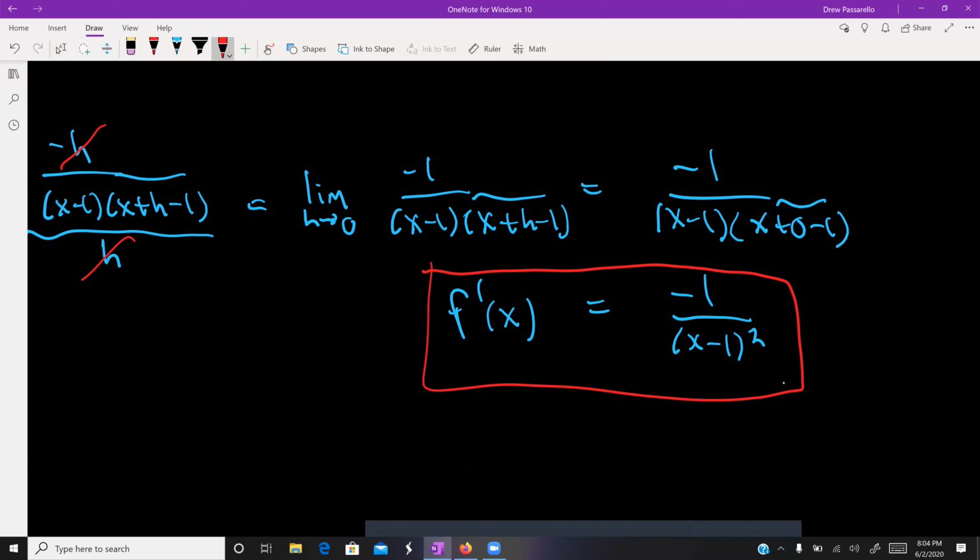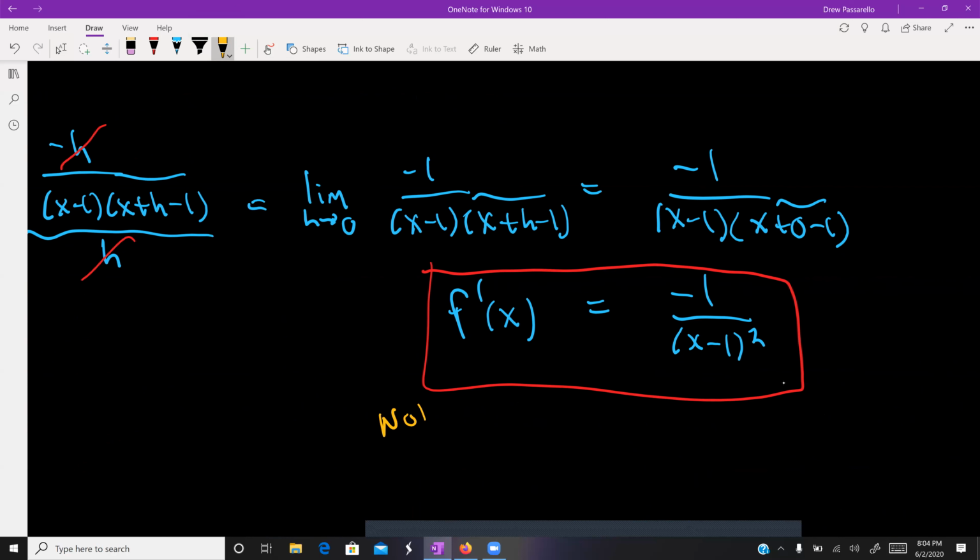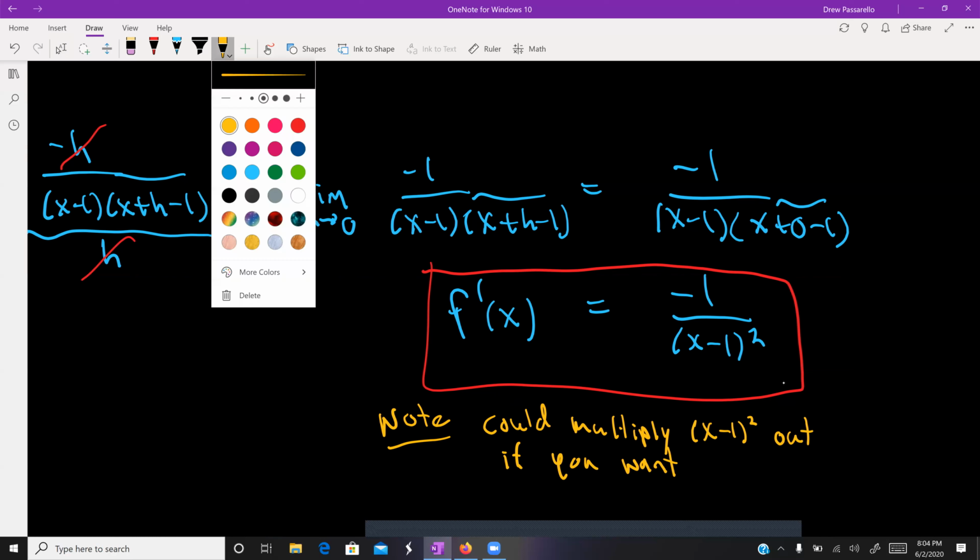And you could multiply that through if you want, but I like to keep things in the most simple form, and this is the most simple form, to leave it as x minus 1 squared. All right, so that's the answer. The derivative of the function is negative 1 over x minus 1 squared.